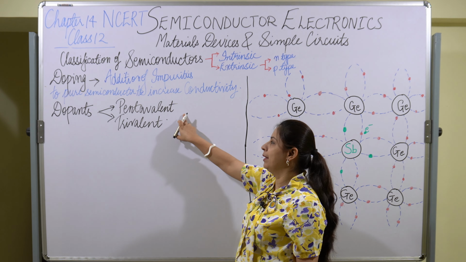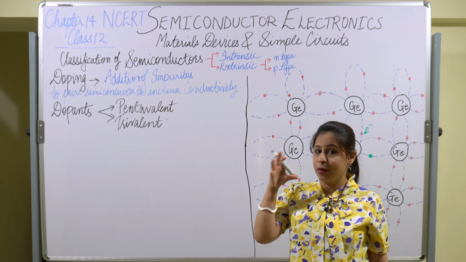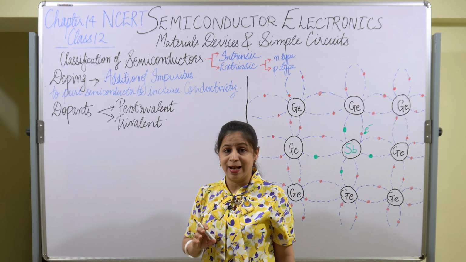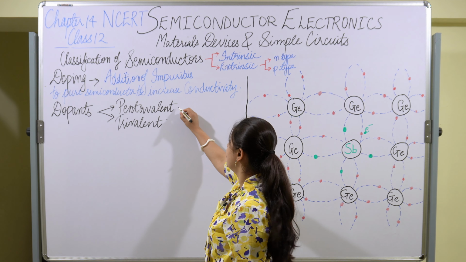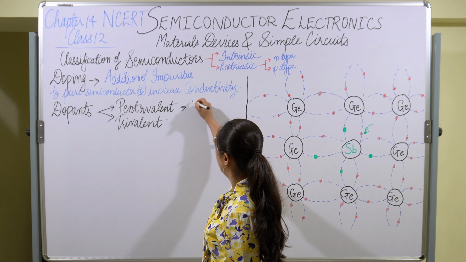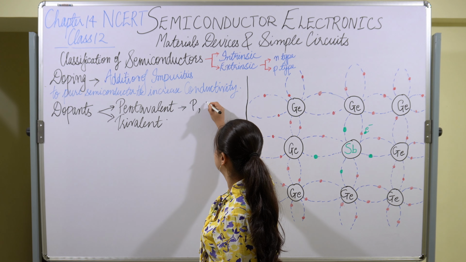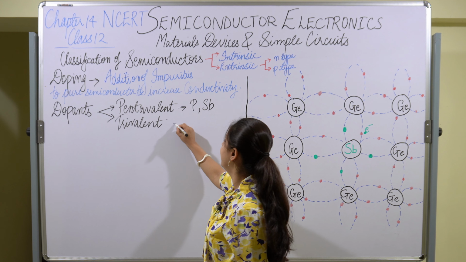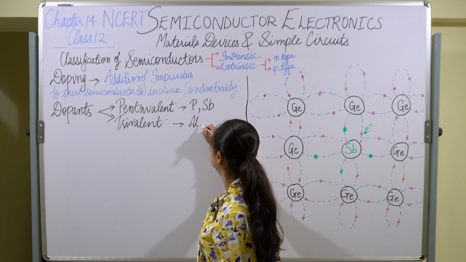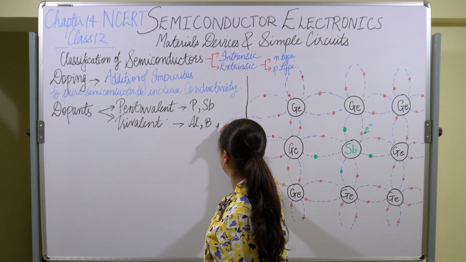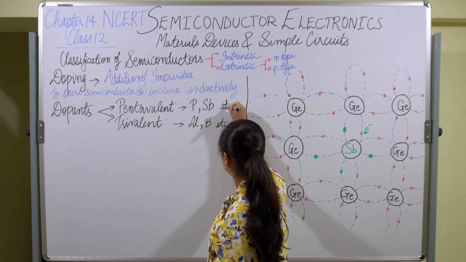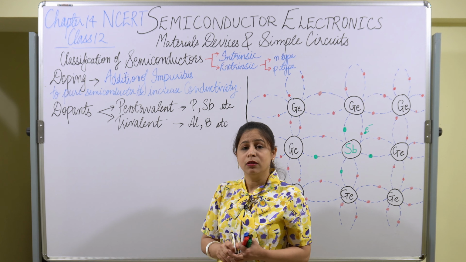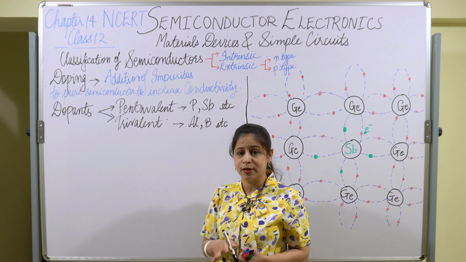In the pentavalent dopant, the impurity valency will be 5, and in the trivalent the impurity valency will be 3. The examples of pentavalent dopants are phosphorus, antimony. Trivalent examples are aluminium, boron, etc.